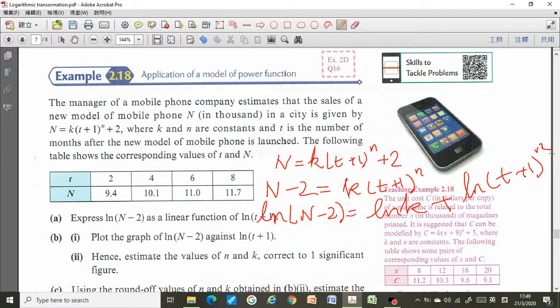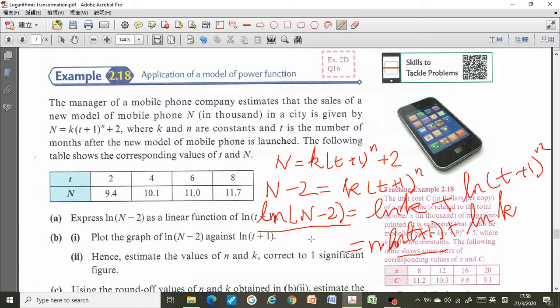And this n can go down, so finally I get n log (t plus 1) plus log k. That means the left hand side is log (N minus 2) and the right hand side is in terms of log (t plus 1), so it satisfies the question.